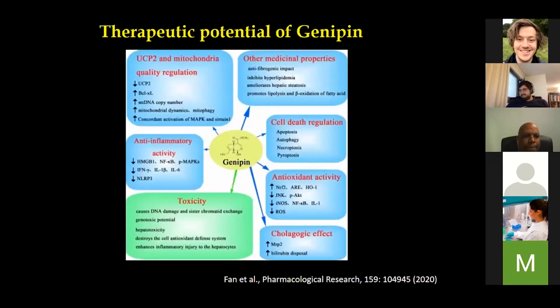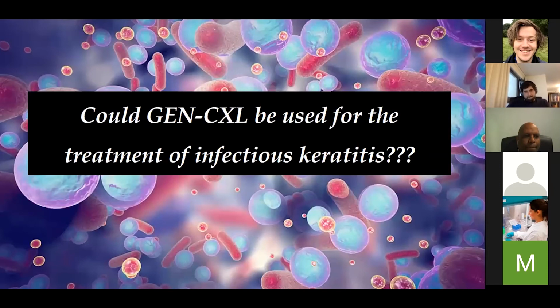So the quest to develop new antimicrobial therapies, in combination with the promising data supporting that corneal cross-linking could kill bacteria irrespective of their antibiotic resistance, and in combination also with the therapeutic potential of genipin that has been proposed by several studies, we went to formulate the research question of whether genipin cross-linking could also be used for the treatment of infectious keratitis.